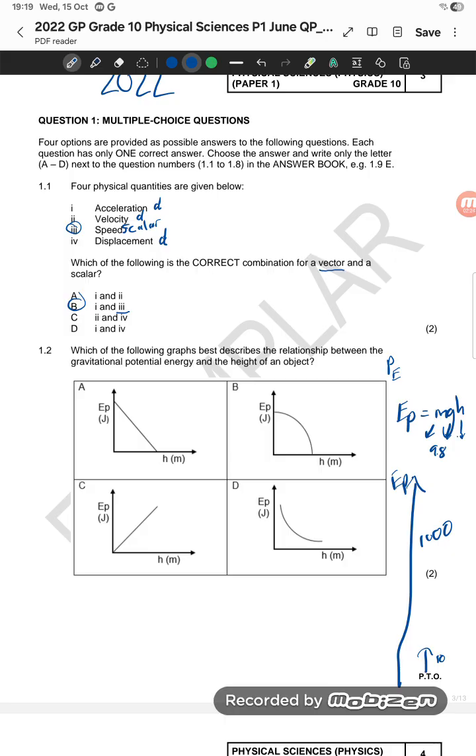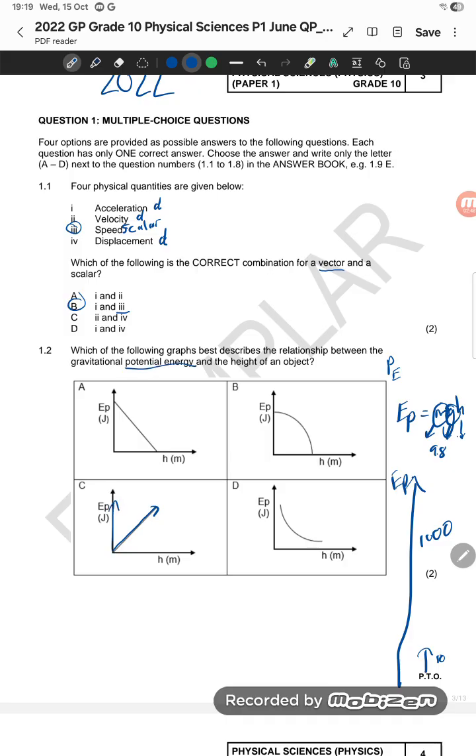Okay, can you see the gravitational potential energy, as the height increases, I have the same mass, I have a constant, and my potential energy goes higher.